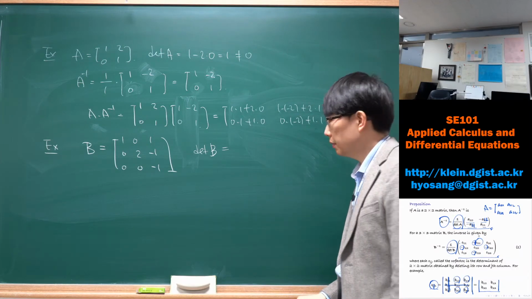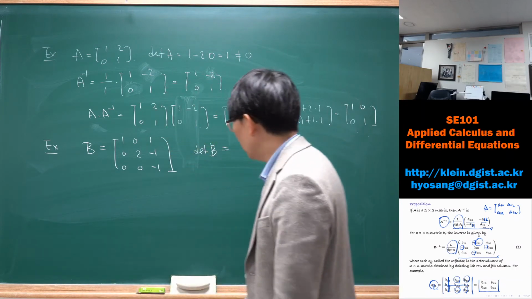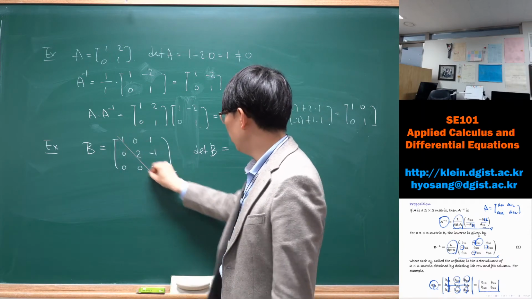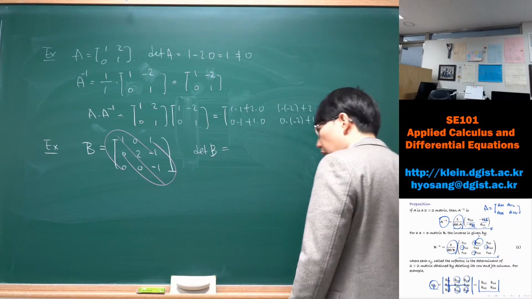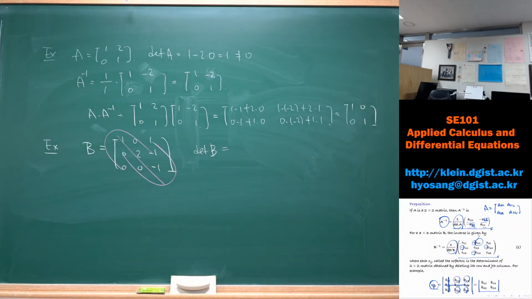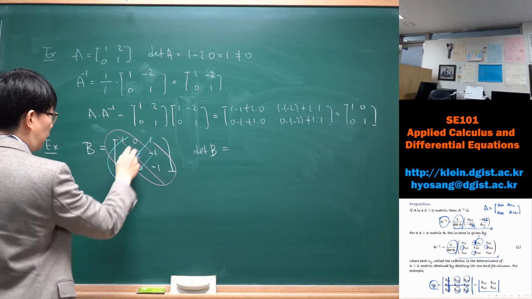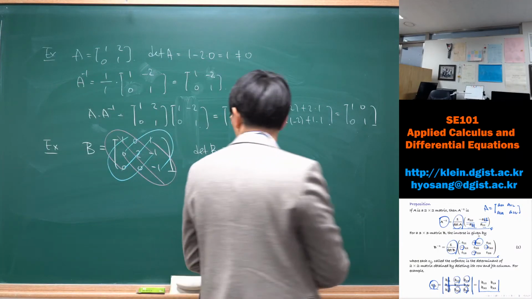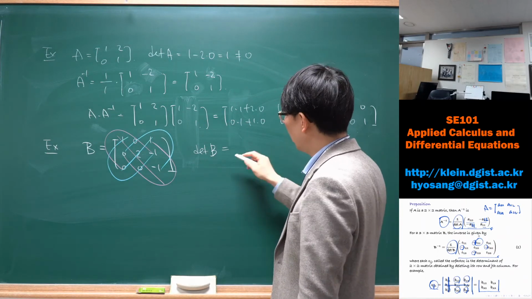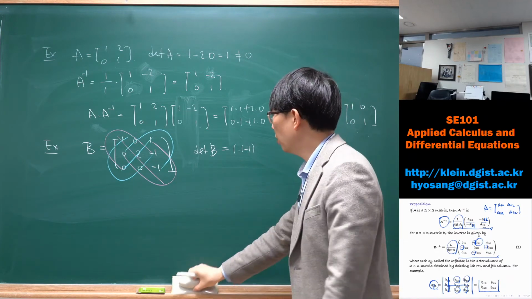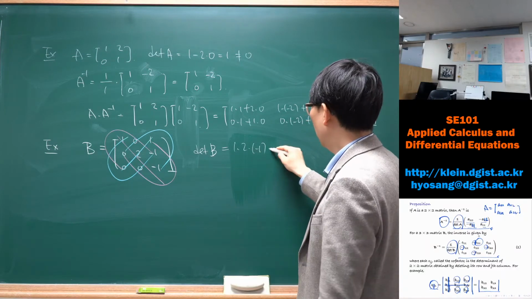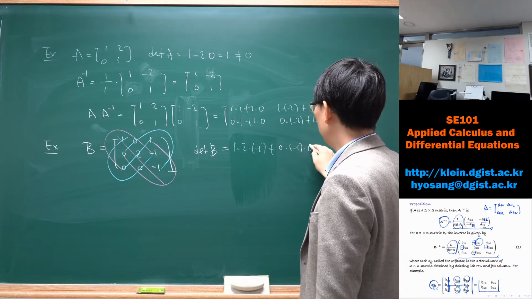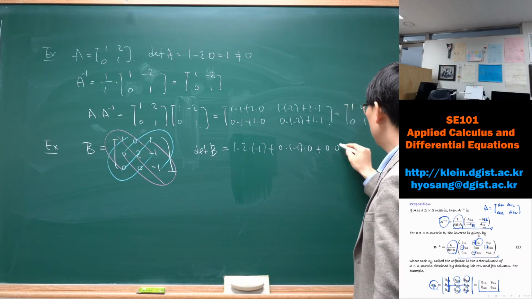What's the determinant? In this direction, you have to take the positive sign, and in this direction, you have to take the negative sign here, right? On the positive side, I get 1 minus 1, 2, 1, 2 minus 1, and 0 minus 1, 0, and 0, 0, 1.